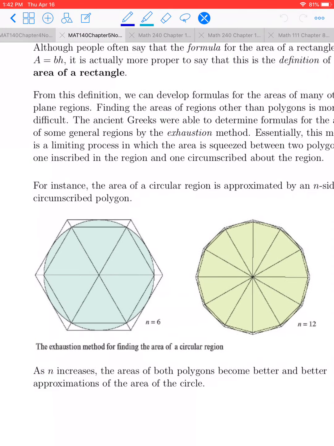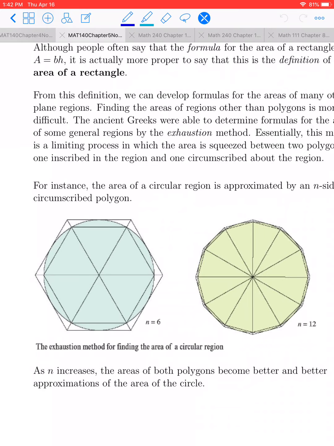If I can take a bunch of regular polygons, in particular triangles, and I can superimpose them by either inscribing them or circumscribing them around the circle, that would give us an approximation for the area of that circle by adding the areas of the triangles, which is something we do know how to do.